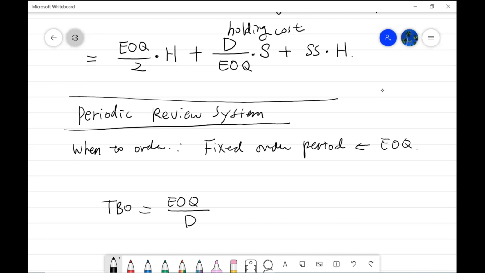So what should I do? When I decide how much to order, I'm going to consider the flexibility to handle the demand uncertainty. So under the periodic review system, the way you decide how much to order is the so-called target inventory level.